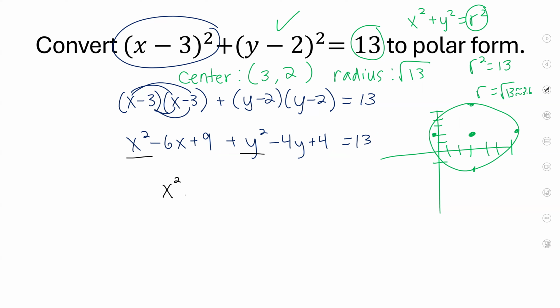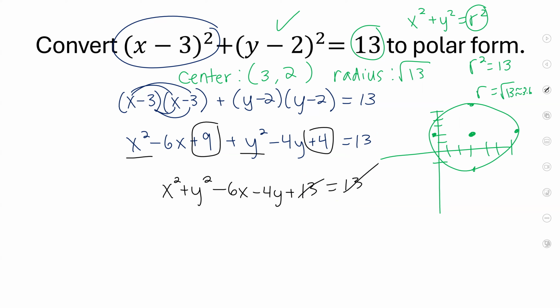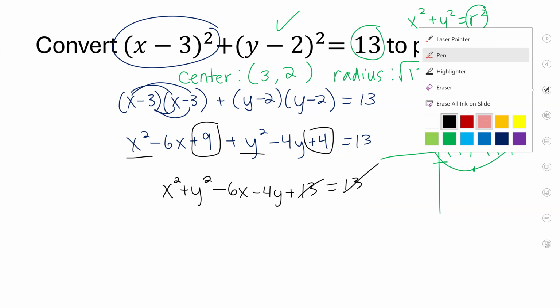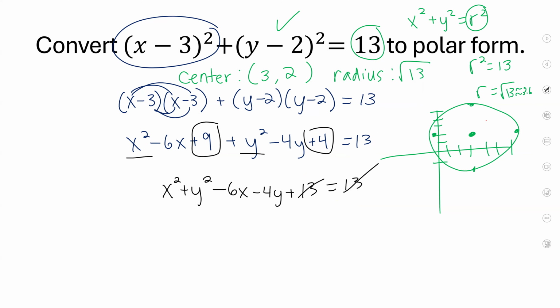X squared plus y squared minus 6x minus 4y plus 9 and 4 is 13 equals 13. Those cancel. All right, Cruz, what'd you do next? You change the x squared plus y squared to r squared. Perfect. Thank you.